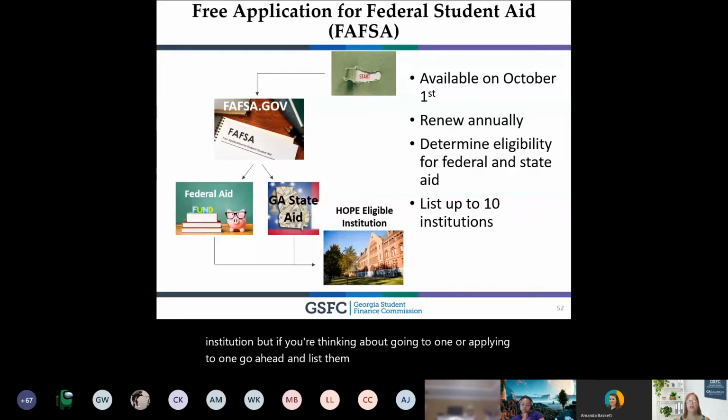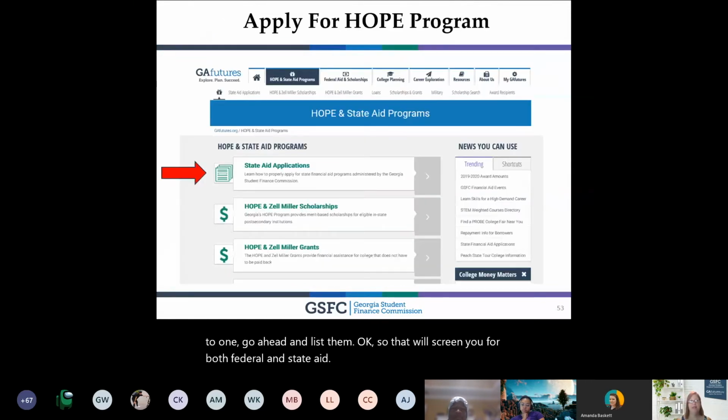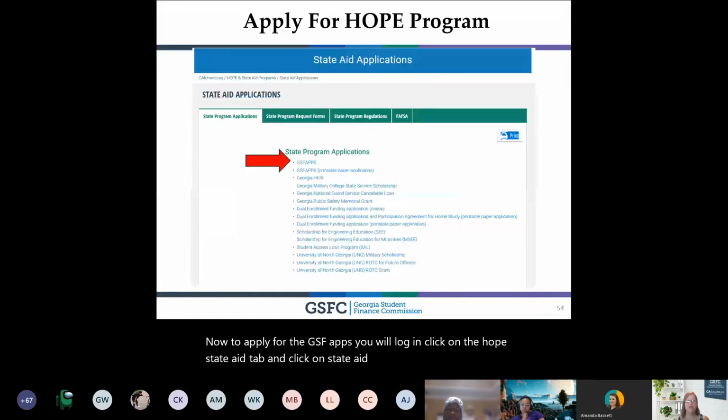And so that will screen you for both federal and state aid. Now, to apply for the GSF Apps, you will log in, click on the HOPE State Aid tab, and click on State Aid Applications. Then you will click on the very first one, the GSF Apps, and you will complete the application there.